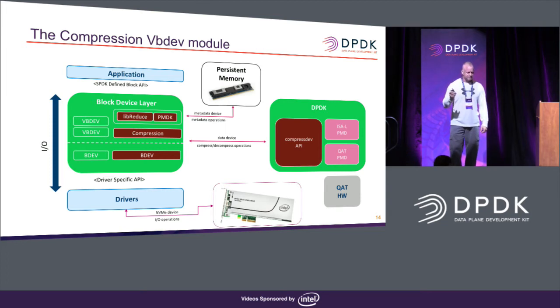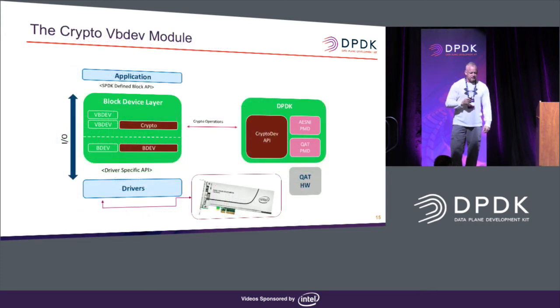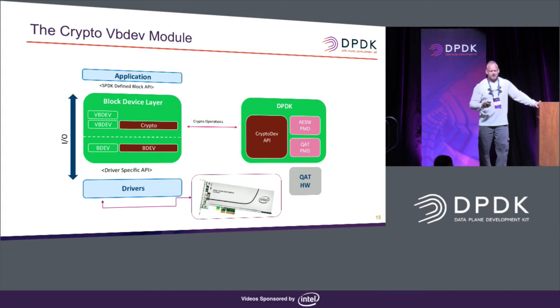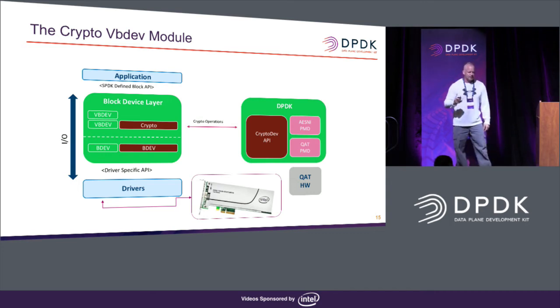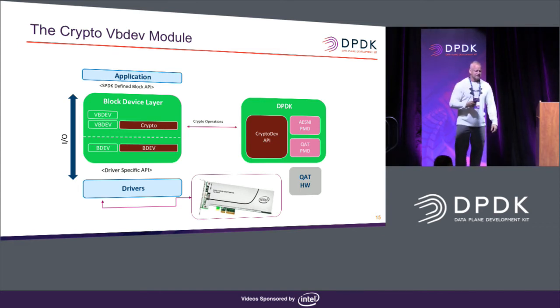Okay, that's good. Okay, so let's talk about the predecessor to this, what we did with the crypto module, which we just released last quarter. It's very similar, and I don't think anybody appreciates the similarity between the compressdev API and the cryptodev API more than I do, because I had to write both of these.